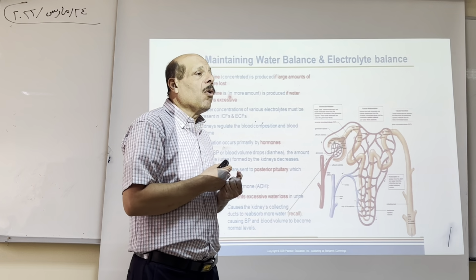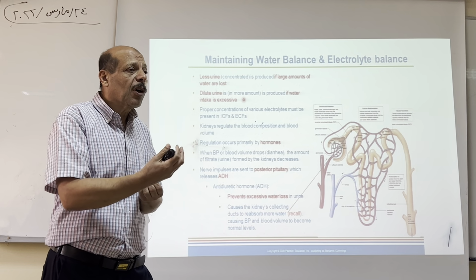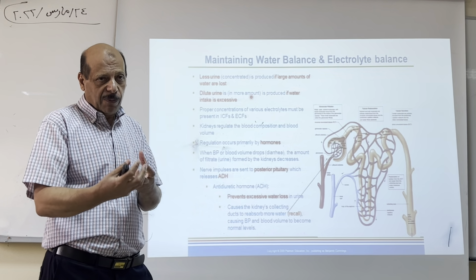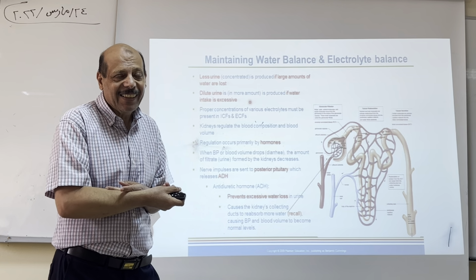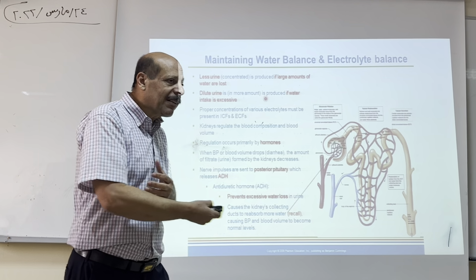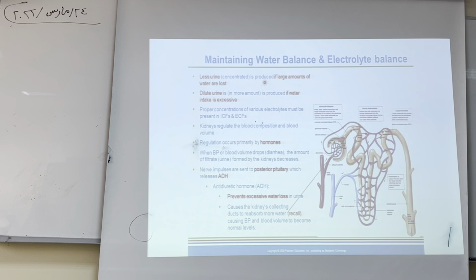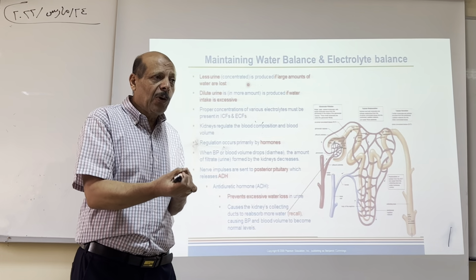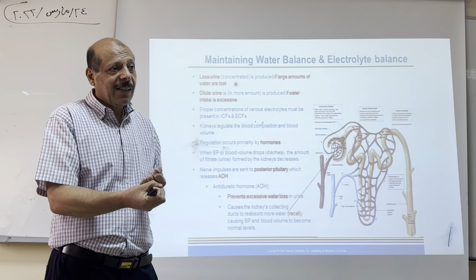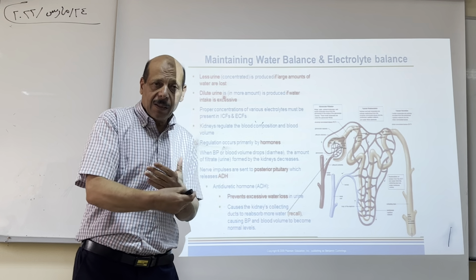If we are taking more fluid, the kidney tubules will not reabsorb most of the water that is excreted, in order to get rid of the excessive fluid that we are taking. So in this case, you find that our urine will be light, and the amount of urine will be more than usual.